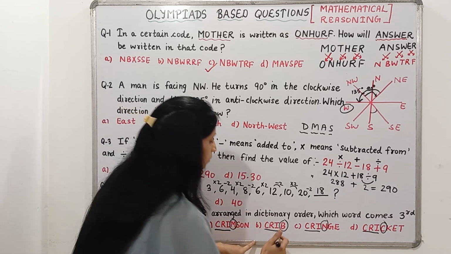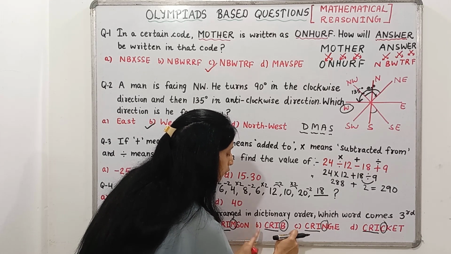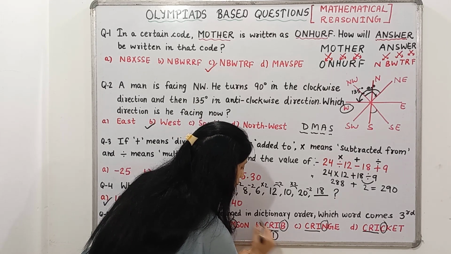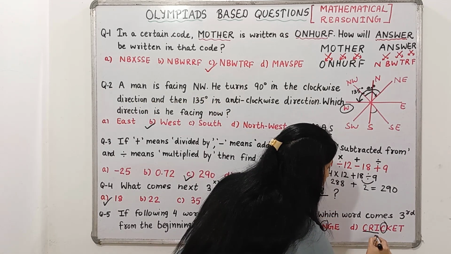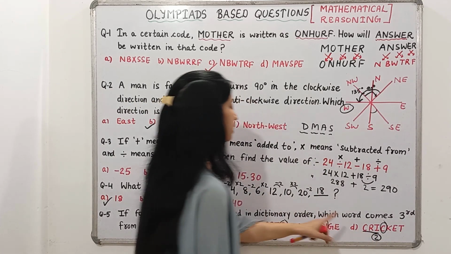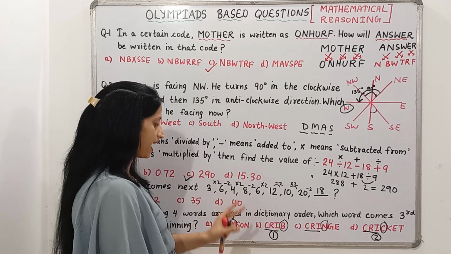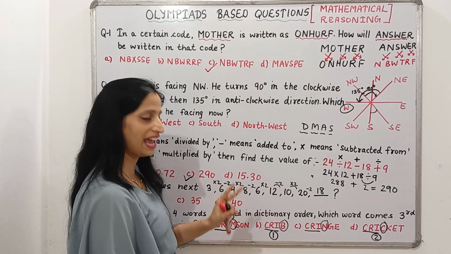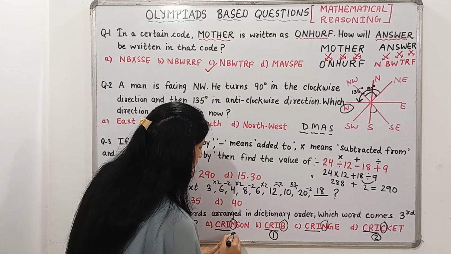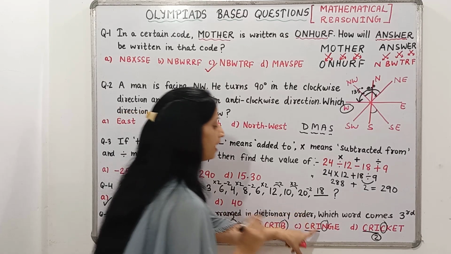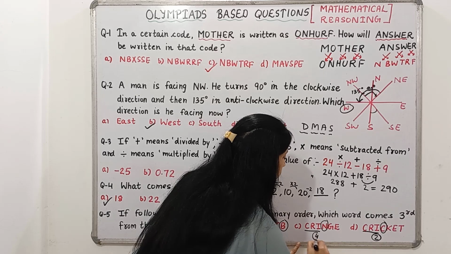So B, this means this word will come at first as per the dictionary order. Then C, second. Then D, E, F, G, H, I, J, K, L, M. So this word will come at third. M, N. This word will come at fourth.